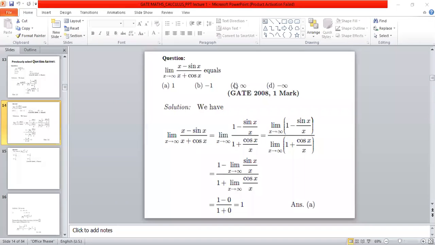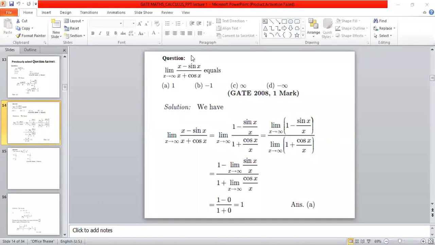It is infinity by infinity everywhere. So we have to take x common from numerator and denominator, so that x comes out from both and gets cancelled. The remaining thing is 1 minus sin x upon x, and 1 plus cos x upon x. So the limit gets separated as numerator and denominator.